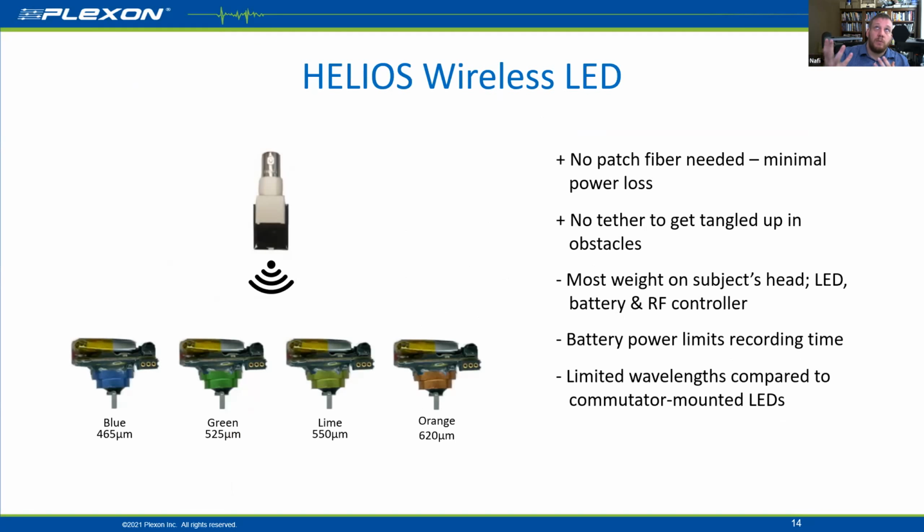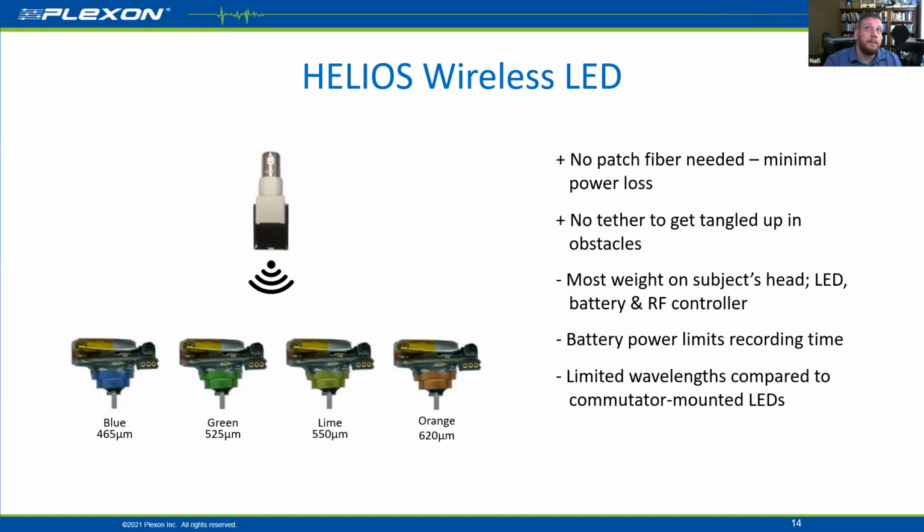And going to the wireless LED now, like the head-mounted, no patch fibers are needed, so you also get a very bright signal. And the main advantage of this is that you don't have a tether to get tangled up. So if you have the animal going through some sort of complex environment where there are overhanging objects or something that would tangle up a cable, then this would basically be your only choice.